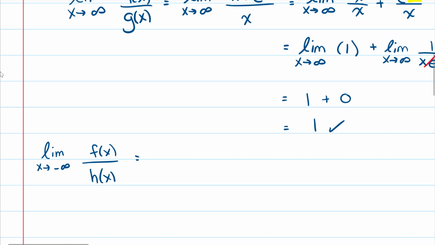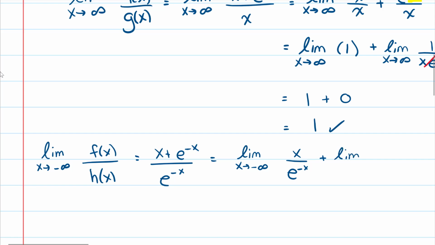So this is going to be x plus e to the negative x divided by, and our h of x was e to the negative x. So now this is equal to the limit as x approaches negative infinity of x divided by e to the negative x plus the limit as x approaches negative infinity of 1.